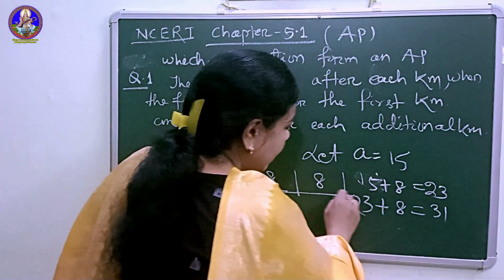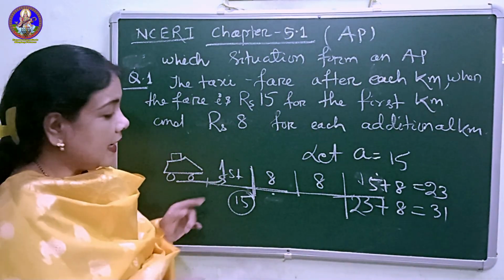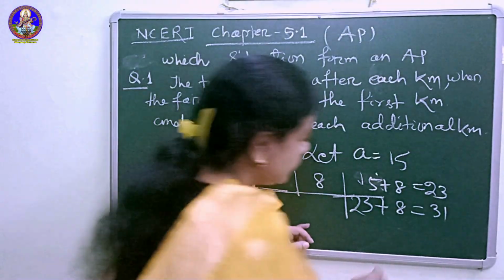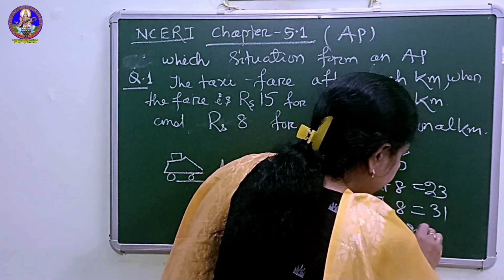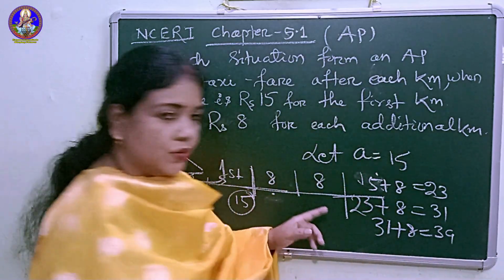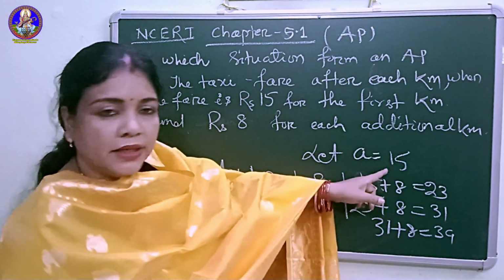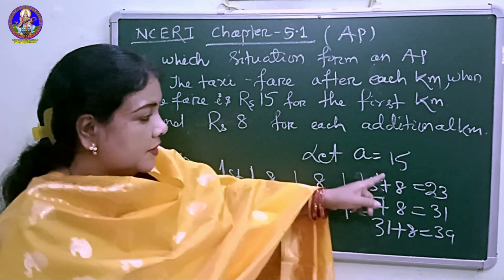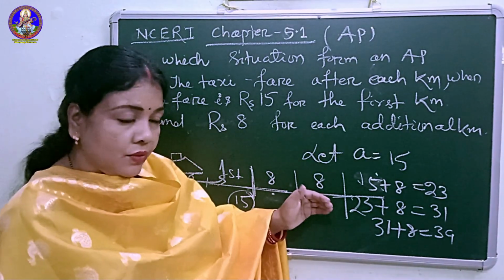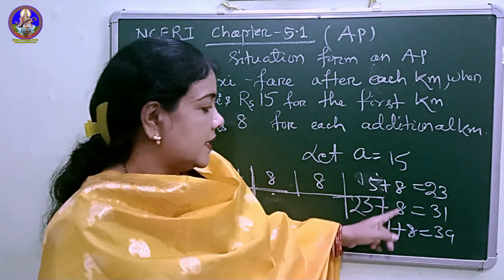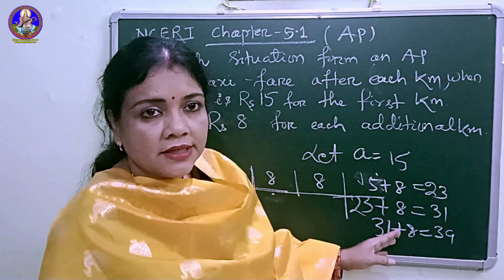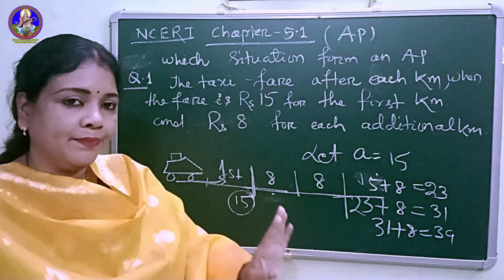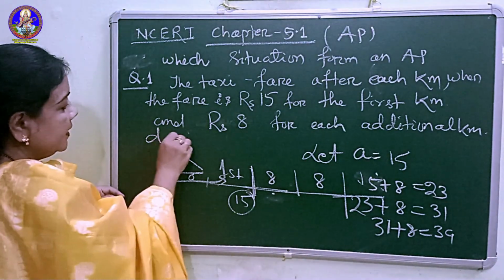Then if you go another kilometer, you add rupees 8, that means 31 plus 8, that is 39. Now you see here, the starting point is 15 rupees, so the first term is 15. But for each successive kilometer you will find that 8 rupees is additionally added. That means your difference is the same. Here D is 8.